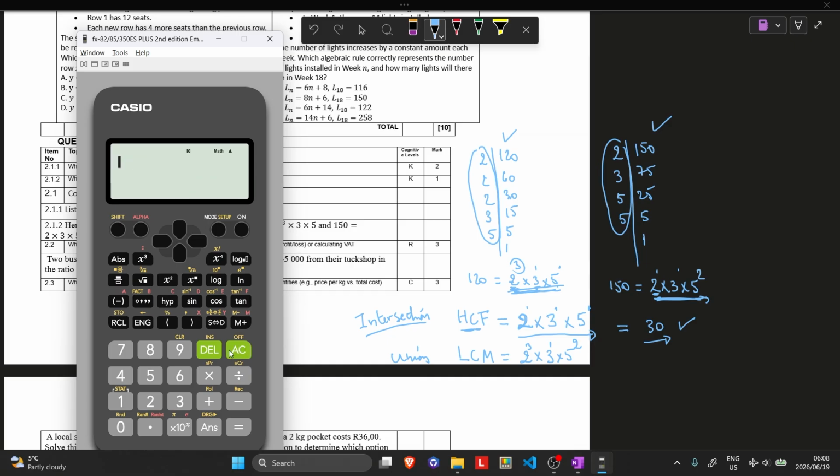Okay. So I can just use my calculator to find this value. So basically it is 2 exponent 3, times 3. 3 exponent 1 is still 3. I don't have to write exponent 1. Then it's 5 squared, right?